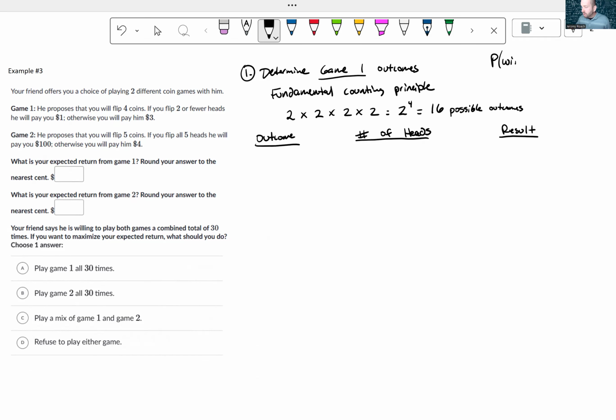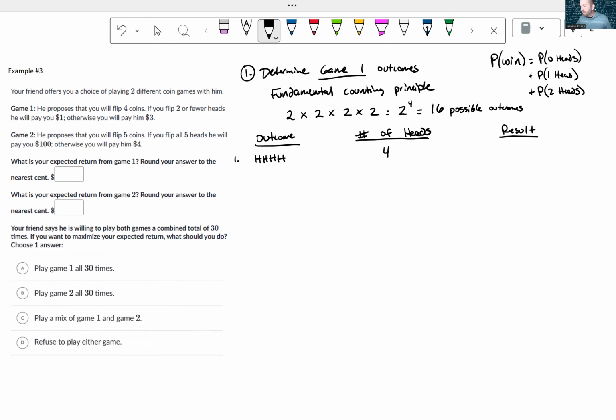Probability of winning is equal to the probability of 0 heads plus the probability of 1 head plus the probability of 2 heads. So we're just defining what it means to win here. Okay, so for our first outcome, we're going to say we get all 4 heads.